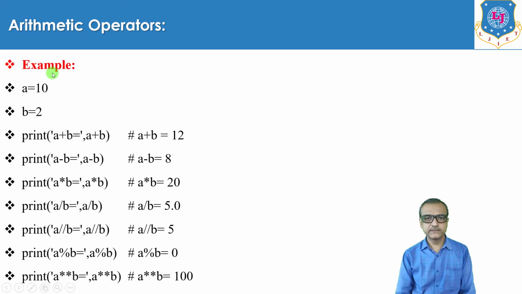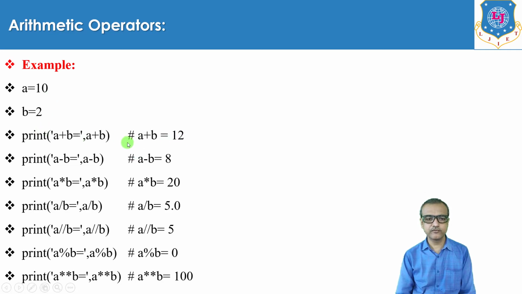See, I will make you understand these arithmetic operators with the help of one example. The value of a is 10, value of b equals to 2. Print of a plus b equals to comma a plus b. So what will be the output of this statement? We will be having a plus b equals to, and over here a and b will be added and will give us the result of addition. So 10 plus 2, that is 12.